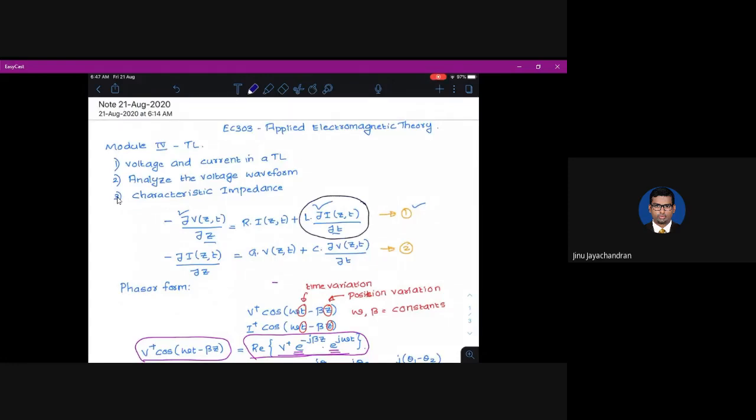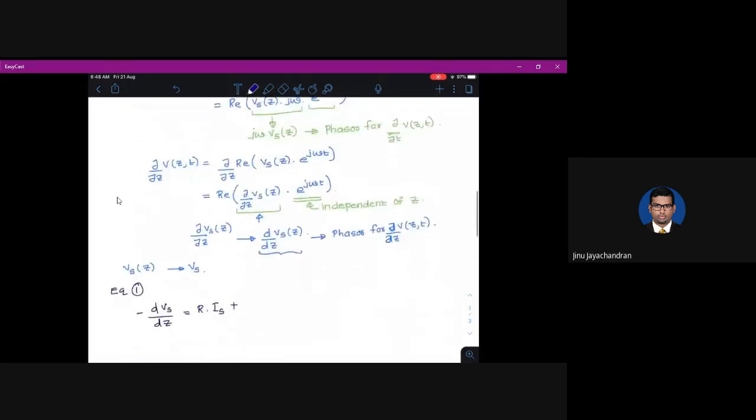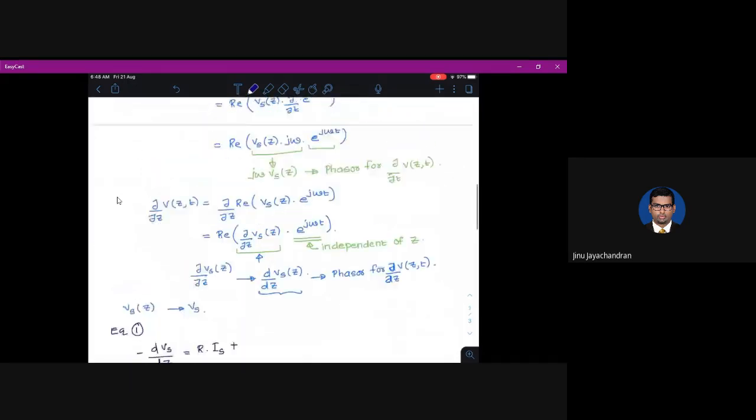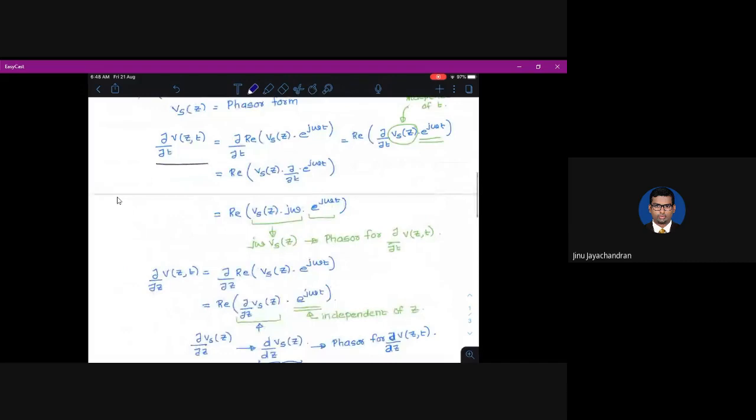z comma t by ∂t. So we have said that ∂I of z comma t by ∂t is similar to ∂v of z comma t by ∂t, which gave me a result of jω Vs of z.